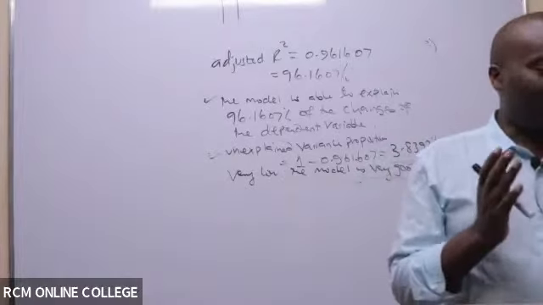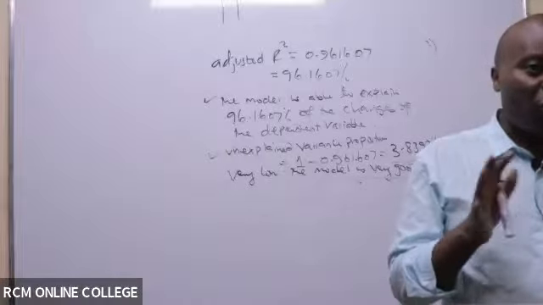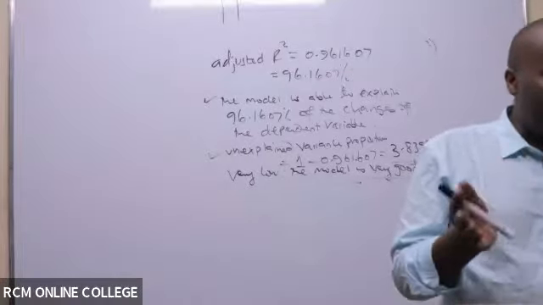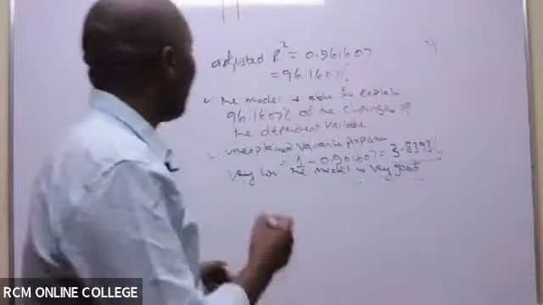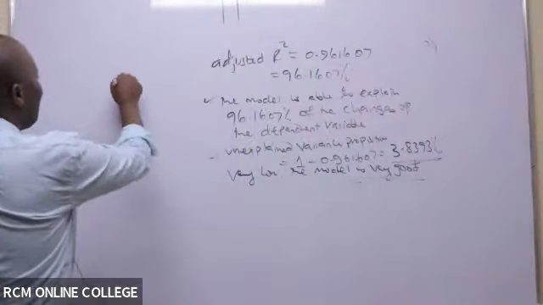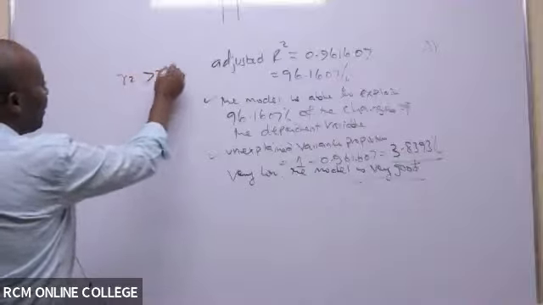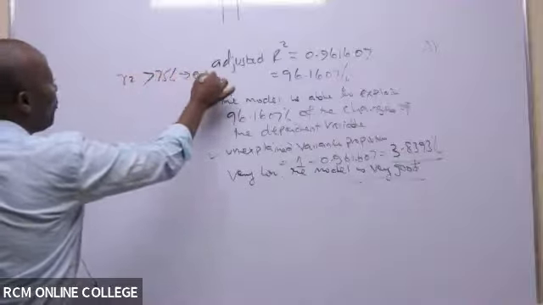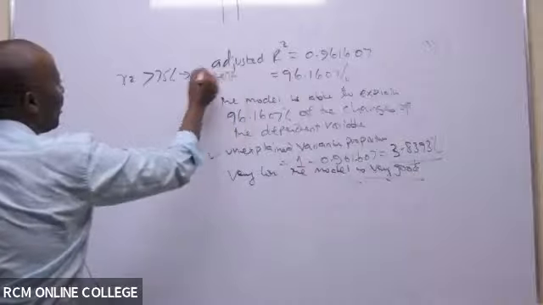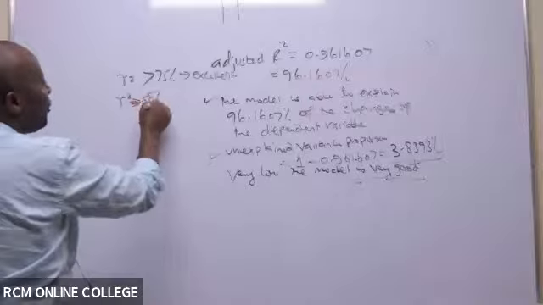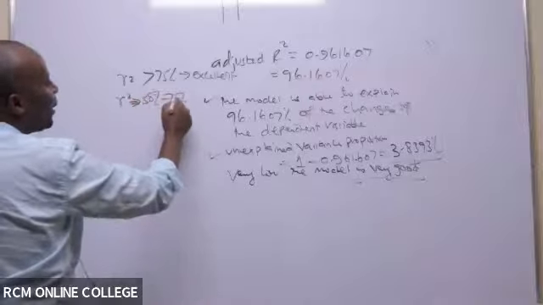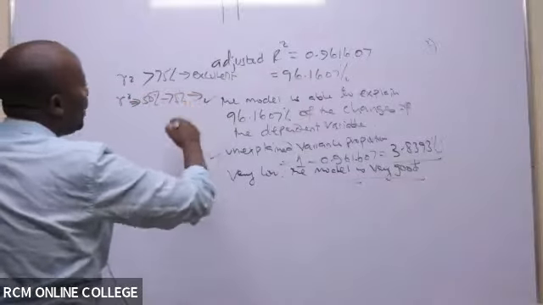If it's between 50% and 75%, we talk of modest, or average. If R squared is more than 75%, it is excellent, or very good.